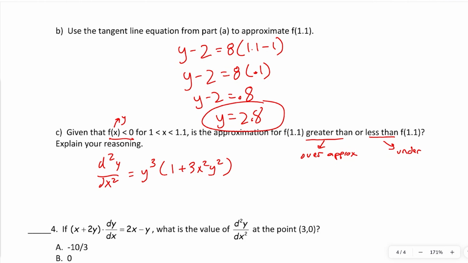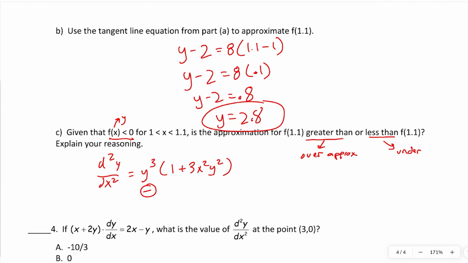So that has to be negative. So this number right here, if I cube a negative number, that's going to be negative, right? And then over here I've got 1 plus. Now both of these numbers are squared. So everything in parentheses here has to be what?